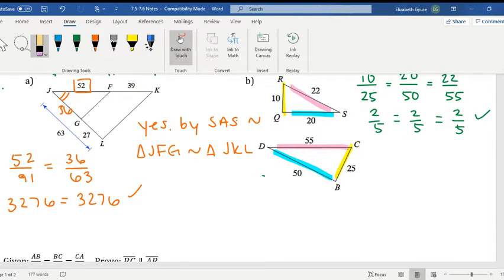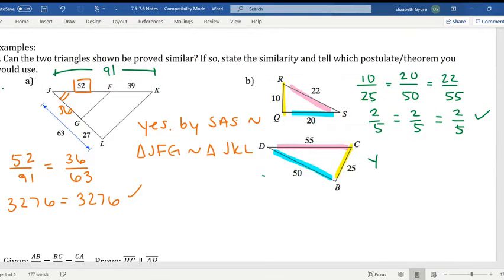So we can say yes, by the side similarity theorem, and I'm going to say that triangle RSQ is similar to, and can someone help me? How would I name the other one if I did RSQ?